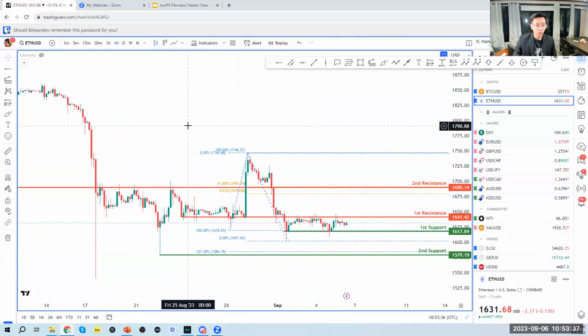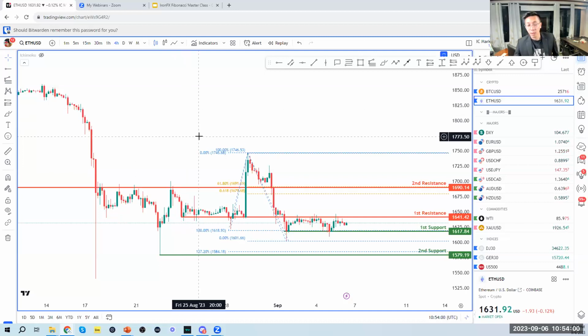Just remember that for your expansion levels, the negative 27.2% is the stronger one compared to the negative 61.8. And for the extension levels, the 127.2% extension level is stronger than the 161.8 extension level.